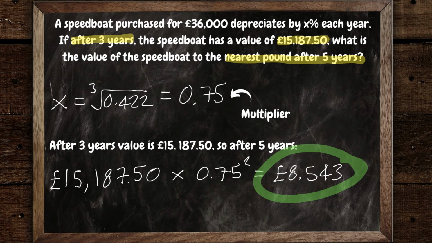So the cost of the speedboat after 3 years is £15,187.50. Multiply that by 0.75, which is your multiplier, for the final 2 years. So it'll be 0.75 squared, which will give you an answer of £8,543 to the nearest pound.